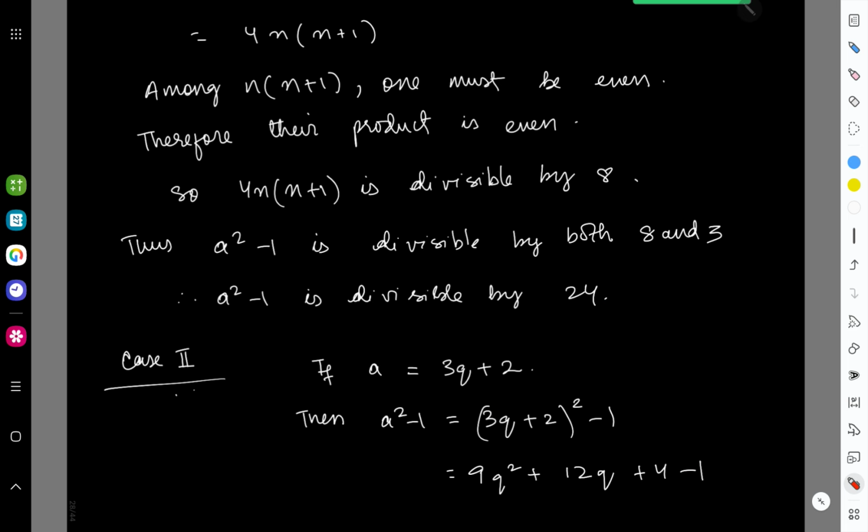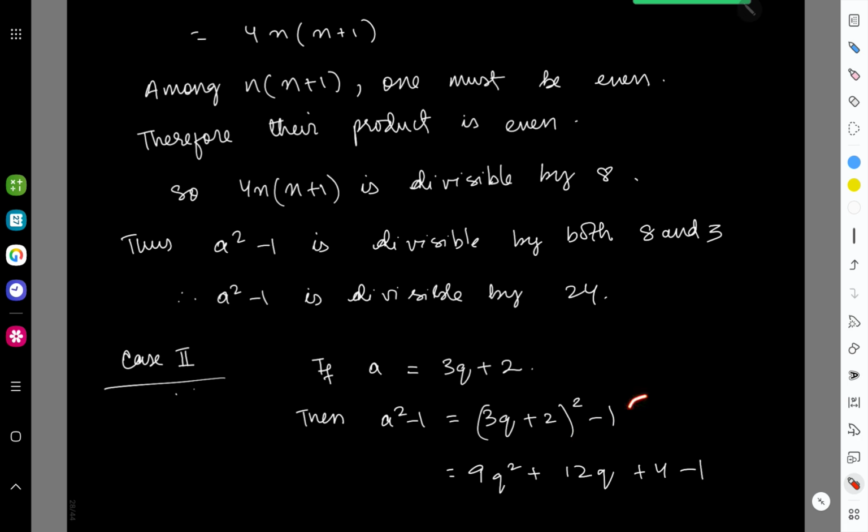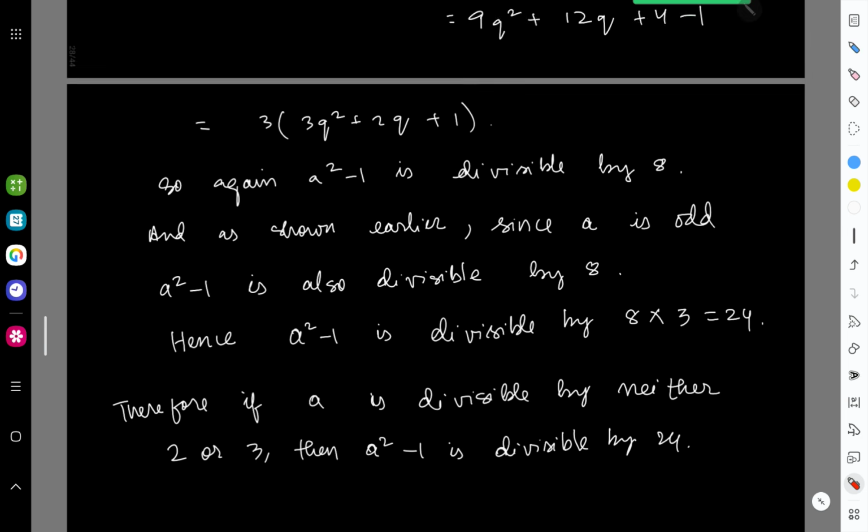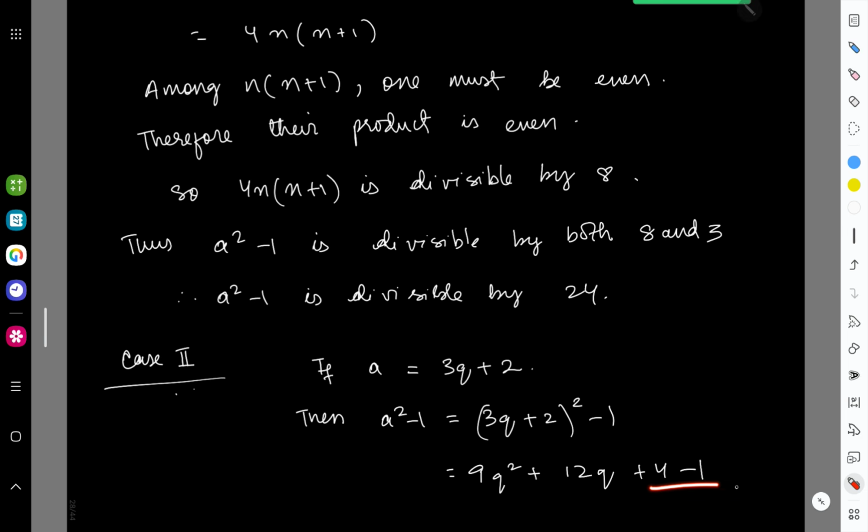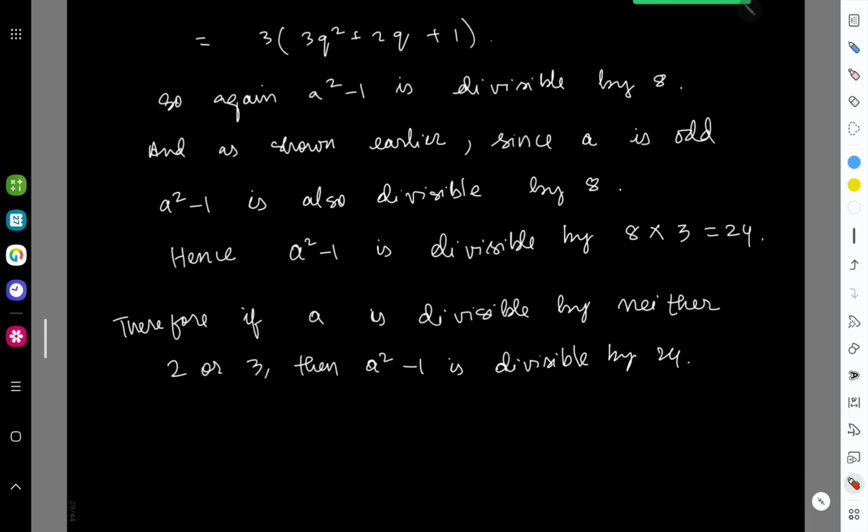Then a square minus 1, substituting the value of a over here, 3q plus 2 whole square minus 1. Expanding the term, 9q squared plus 12q plus 4 minus 1. This I'll get 3. So 9q squared plus 12q plus 3. I can take 3 common.